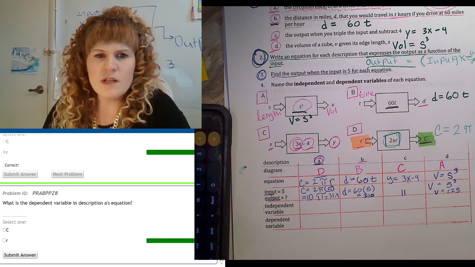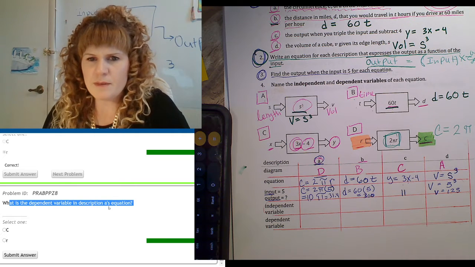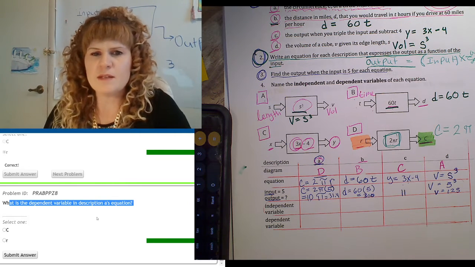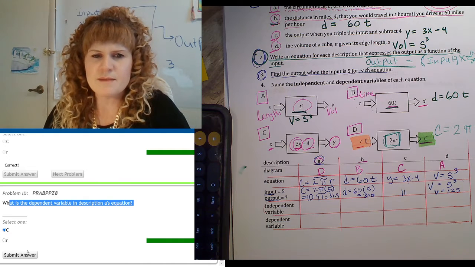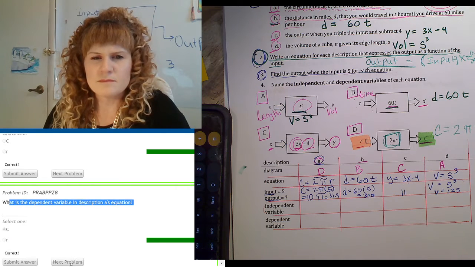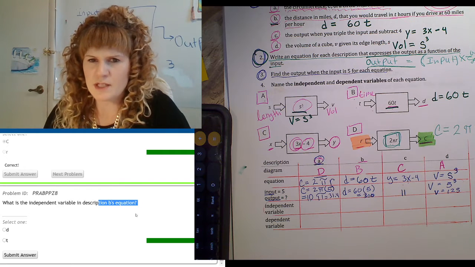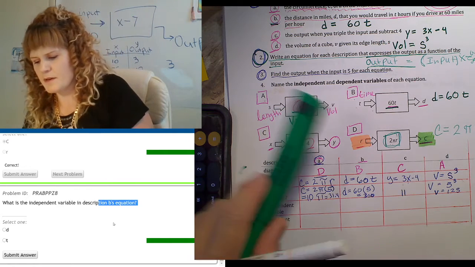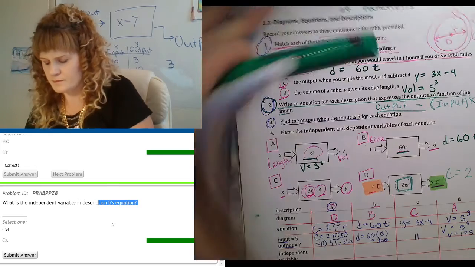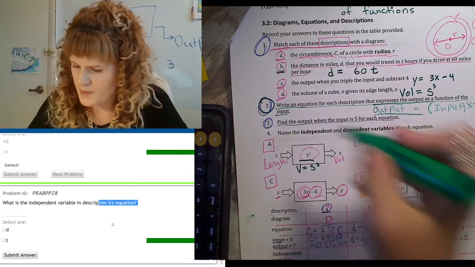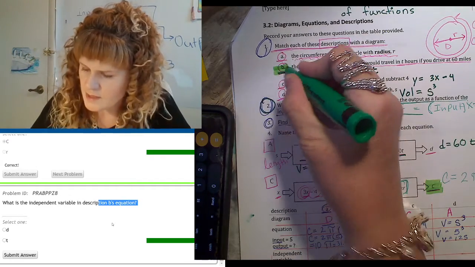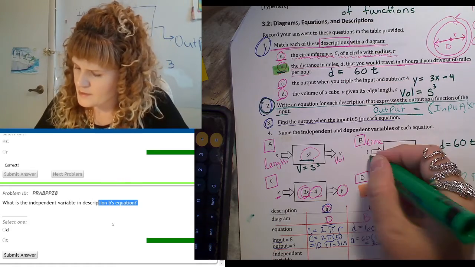Okay, next question. What is the dependent variable in A's equation? That's the circumference. Now they're asking about B's equation. I have it here on my paper. B, distance in miles, it's this one.